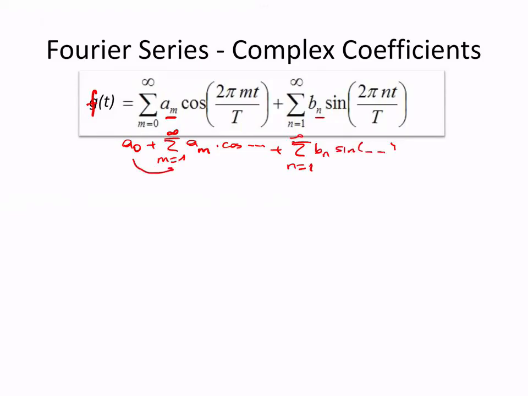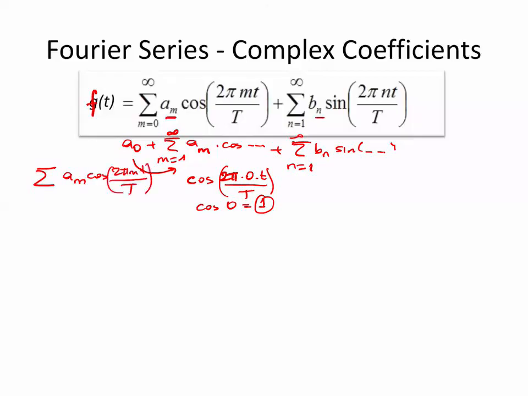So if I include this here, if you think about cosine 2 pi times 0 t over T, it is like cosine 0. So cosine 0 is equal to 1, right? So if I add it here, nothing will be changed. So I can say An cosine 2 pi n t over T, from 0 to infinity. So this will be my coefficients, okay?